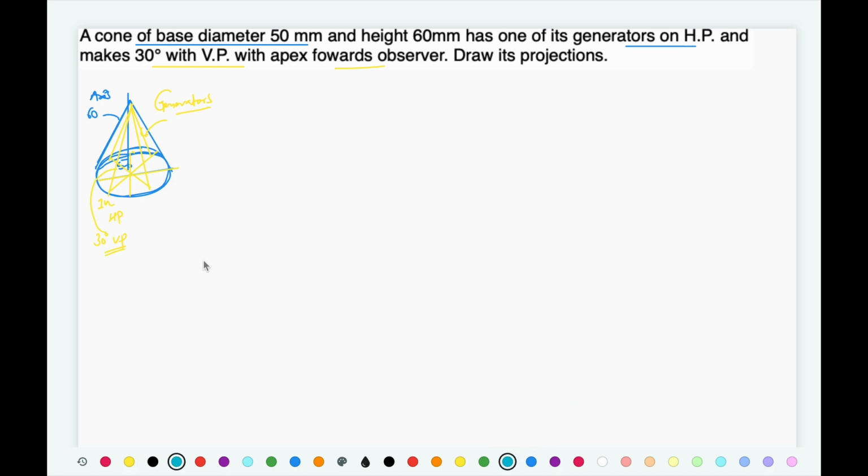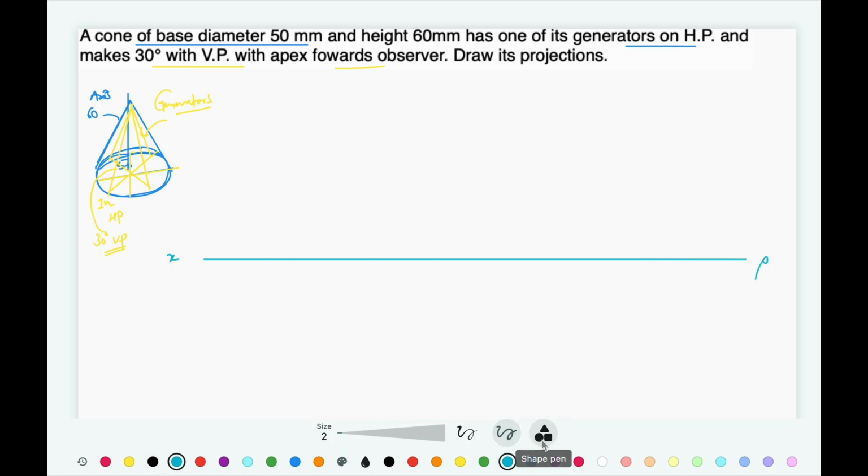So let's say this is the XY line. It is resting on one of the generators on HP. Okay, I have selected it.